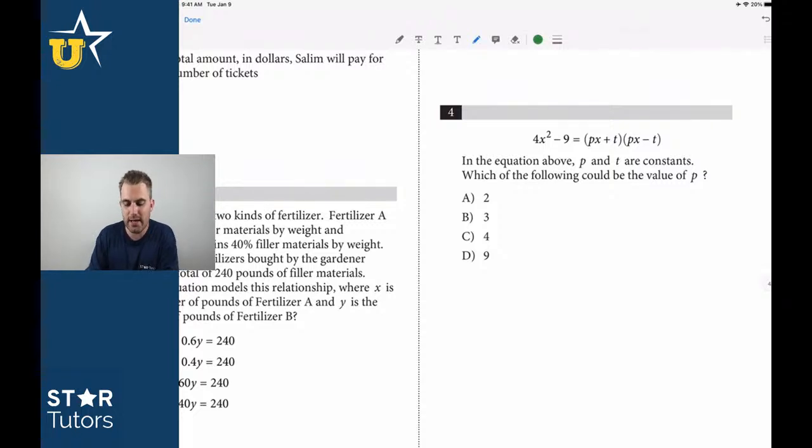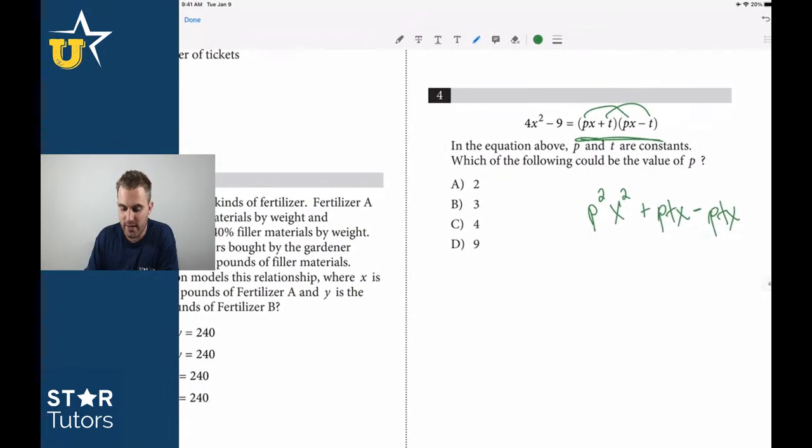So, 4, guys, just remember that anytime they give you constants like this, just distribute it out, right? Because here we get p squared times x squared plus ptx minus ptx, if we just FOIL this whole thing out, minus t squared. And all of a sudden, those cancel.